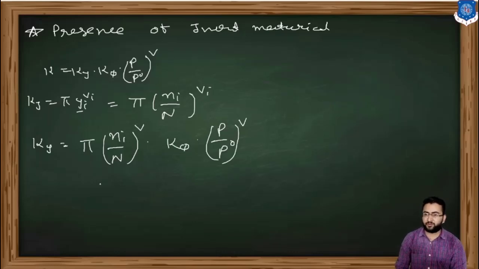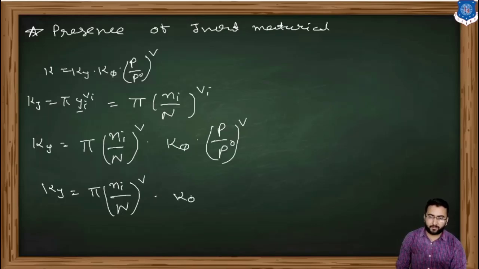Now we know that P naught is 1 bar for the standard state, so this equation becomes Ky is equal to the product of ni upon N whole raised to V, into K phi into P upon P naught whole raised to V.